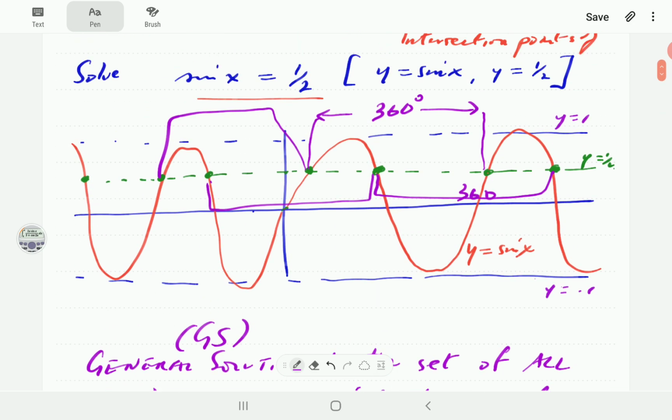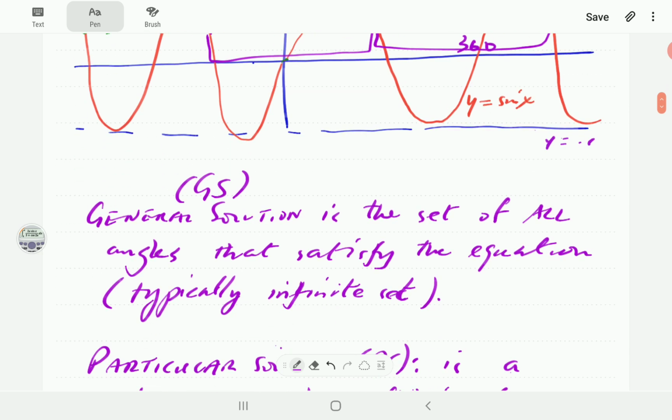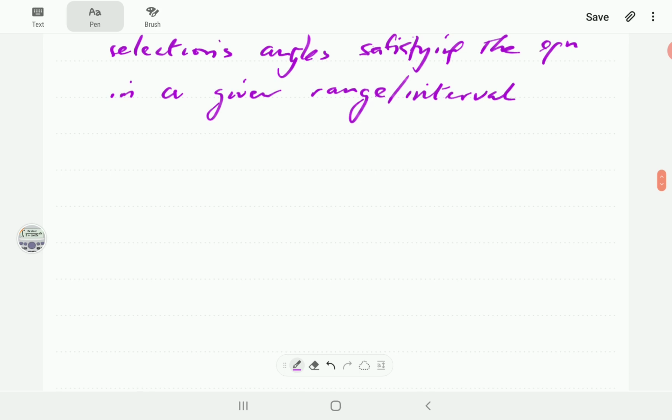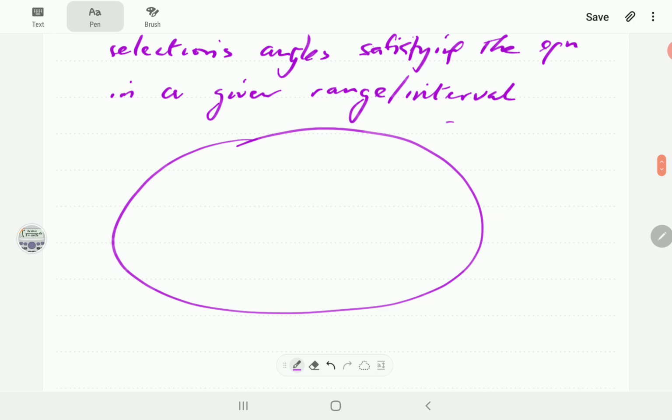For instance, in this example here, they could say find all solutions between 0 and 360, or between minus 180 and 360. All right, so in terms of a Venn diagram, if this is your general solution, your particular solution is typically going to be a subset of the general solution.